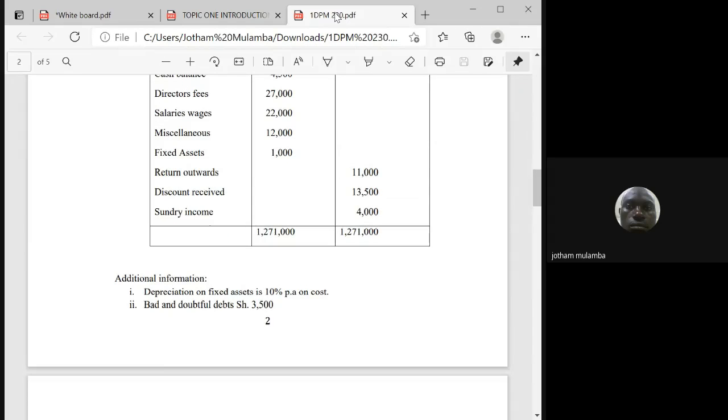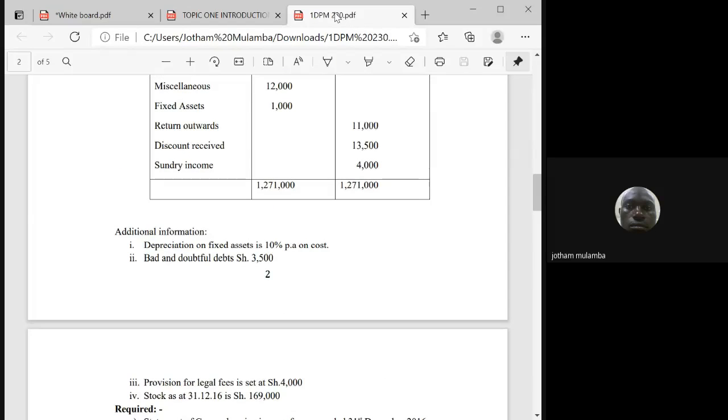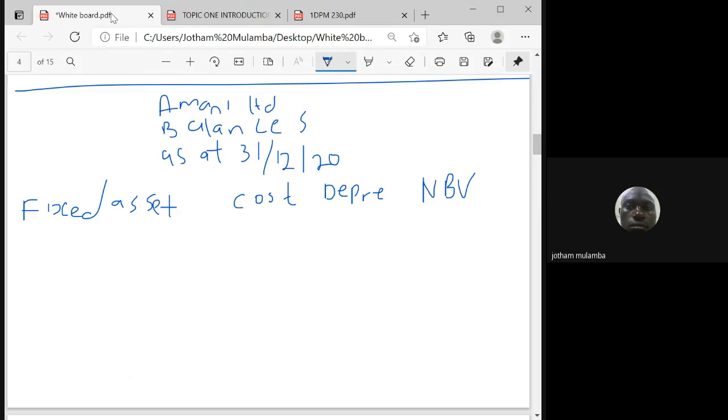Hello, anyone who has seen fixed assets? Rachel? Okay. I can see the fixed assets, the one that has 1,000, but I can't see any specified fixed asset. Okay, we'll deal with the question as it is.